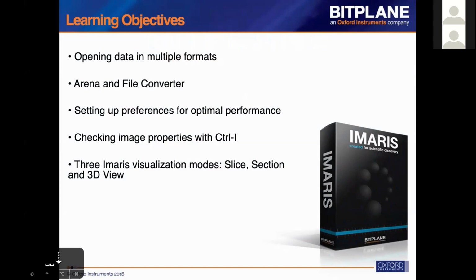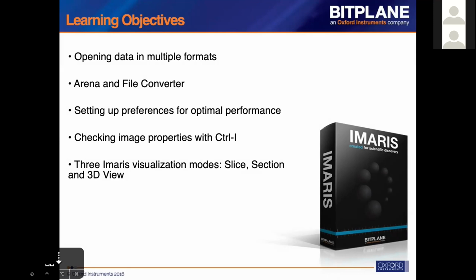Right. So today I'm going to cover how to open data in multiple formats. It looks quite straightforward, but I did receive some questions from users about how to open their specific data in Imaris. So we will cover this part using Arena and the Imaris File Converter.